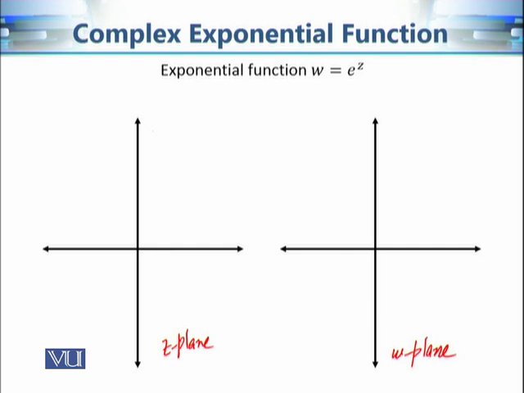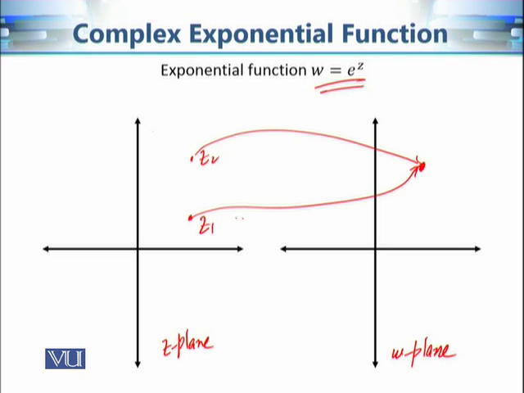For example, if there are two values, let's call them z1 and z2, and both of these values have equal output under this exponential function, then what is the relationship between z1 and z2? We have seen that z1 is equal to z2 plus 2n pi, for some n.